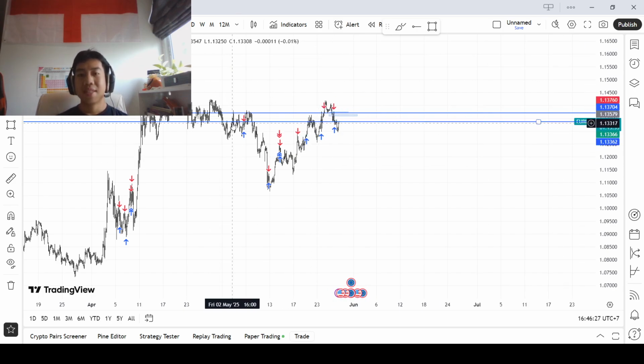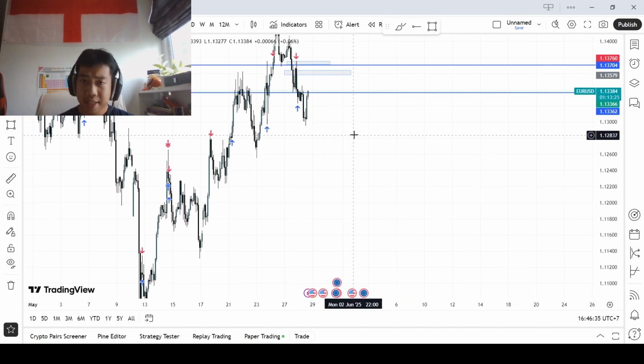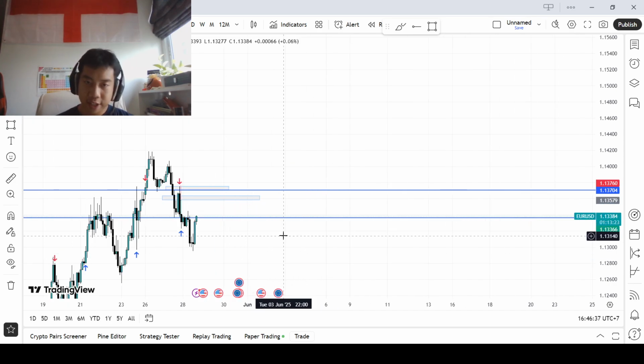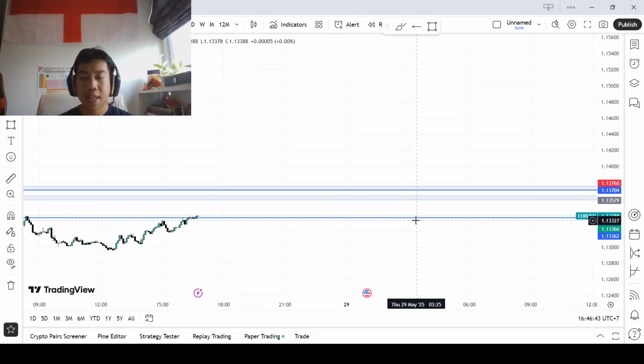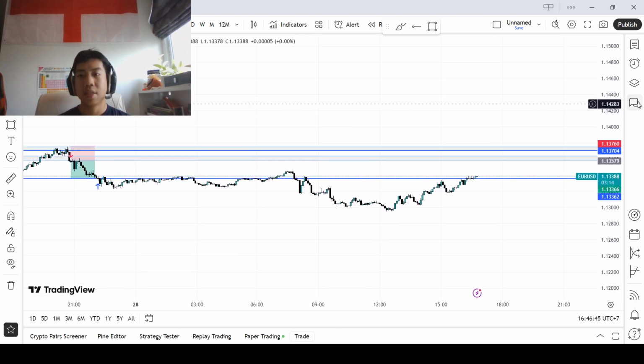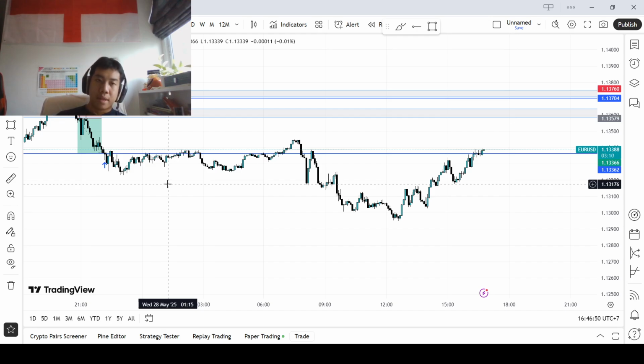But yesterday, I recognized that it was a retracement and it was targeting these two fair value gaps, which it was, and it followed the daily bias and capitulated. So I'm happy with that.